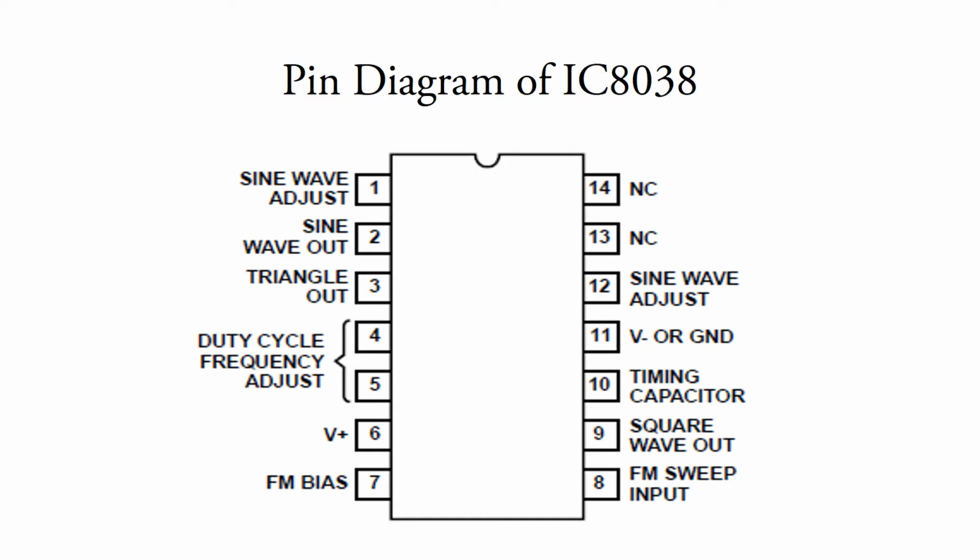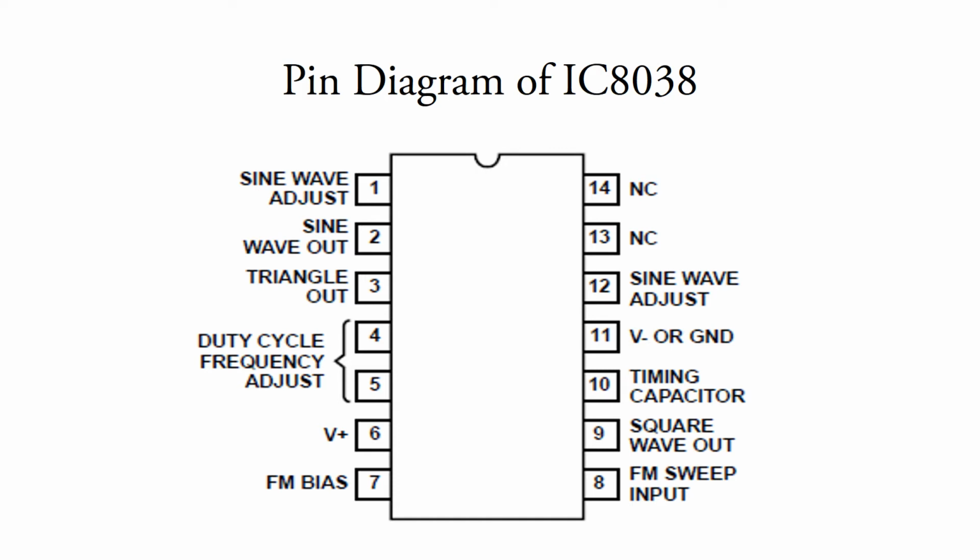And here the 1st pin and 12th pin are for sine wave adjust. By connecting a resistor, we can reduce the distortion that is present in the sinusoidal waveform. And with pins 4 and 5, as I said earlier, we can fix the frequency and duty cycle.